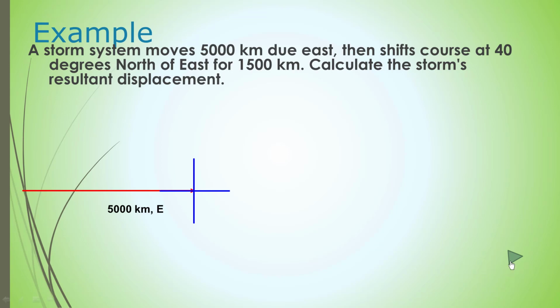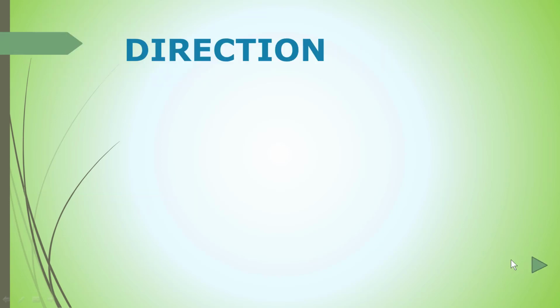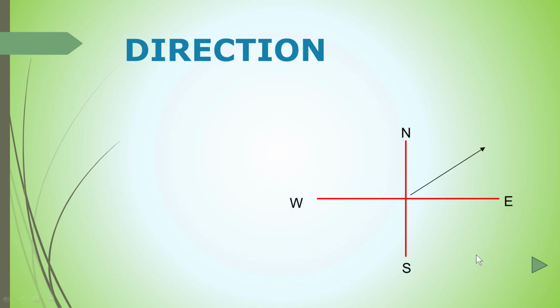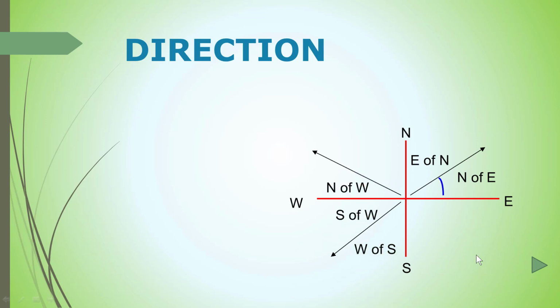If you remember the directions which we have already discussed, we had north, south, east, west. This was north of east, east of north, south of west, west of south, north of west, west of north, south of east and east of south, okay.